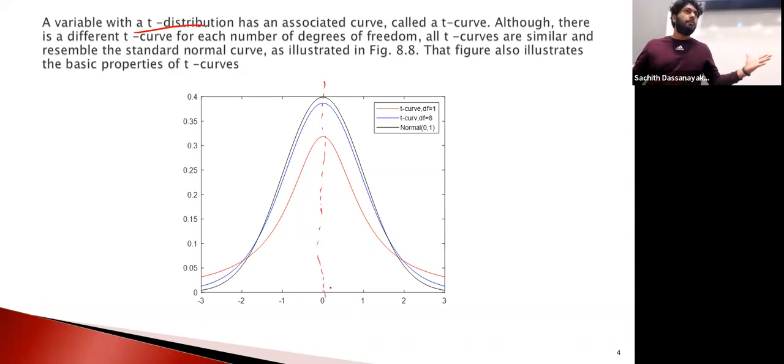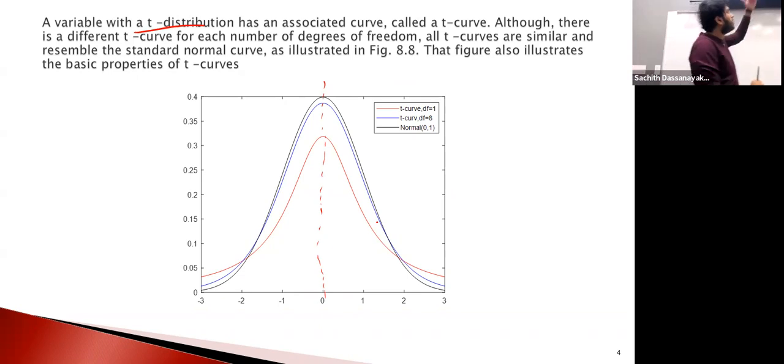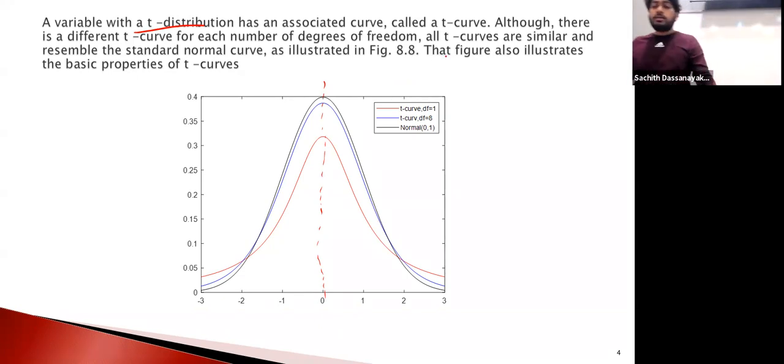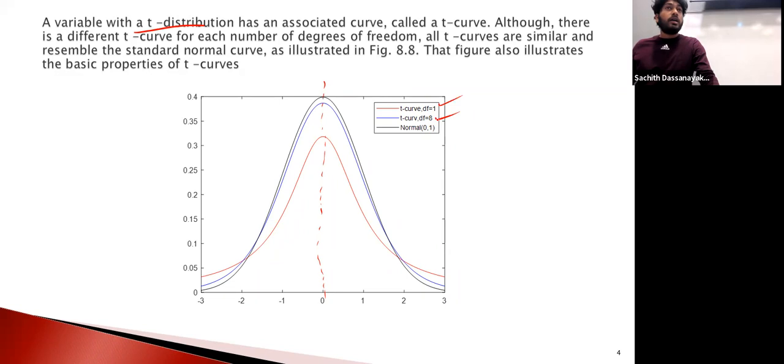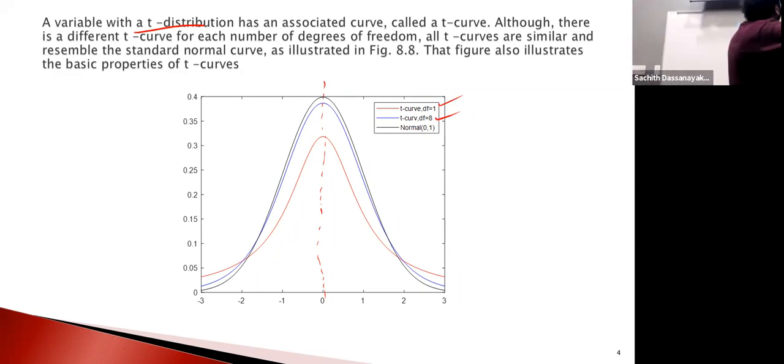Symmetric, bell shape, and also see the black one, the top one, is the normal distribution, normal 0, 1, the standard normal distribution. Although their shapes are similar, they have different values. The values depend on degrees of freedom. Here degree of freedom is 1, here 8. So you can see once degrees of freedom increase, the graph goes down.